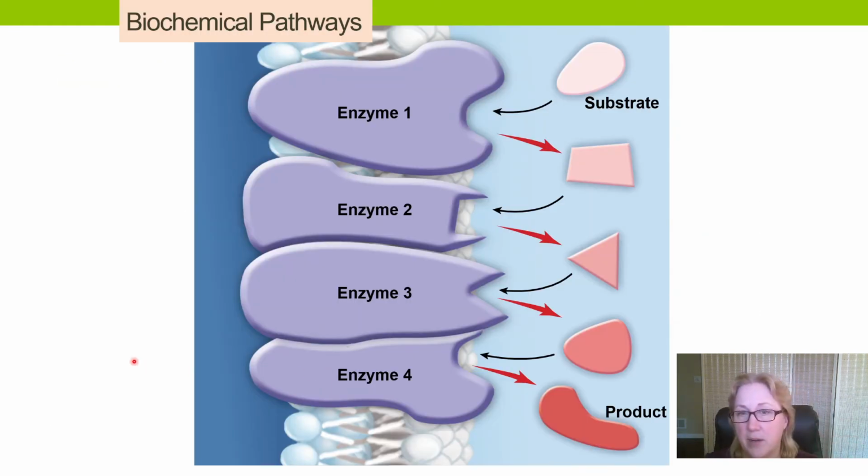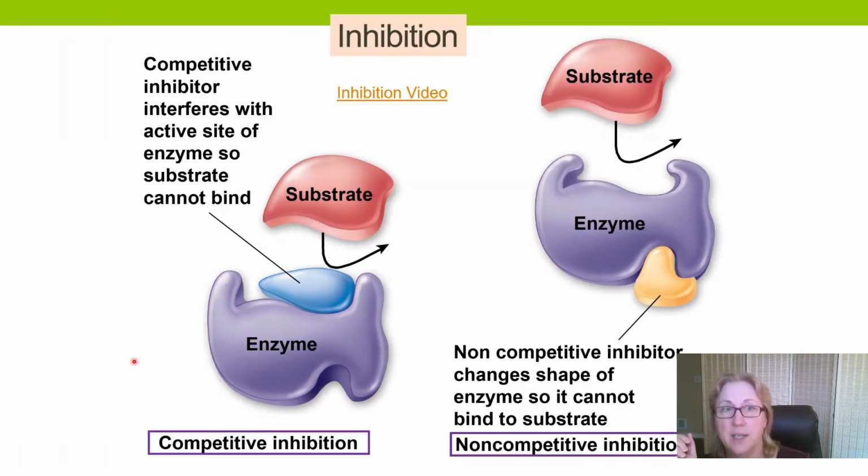Often enzymes are embedded in membranes and localized together so that they can work in biochemical pathways. We will see this in mitochondria and also in the chloroplast, where membranes are used as a way to localize enzymes together.